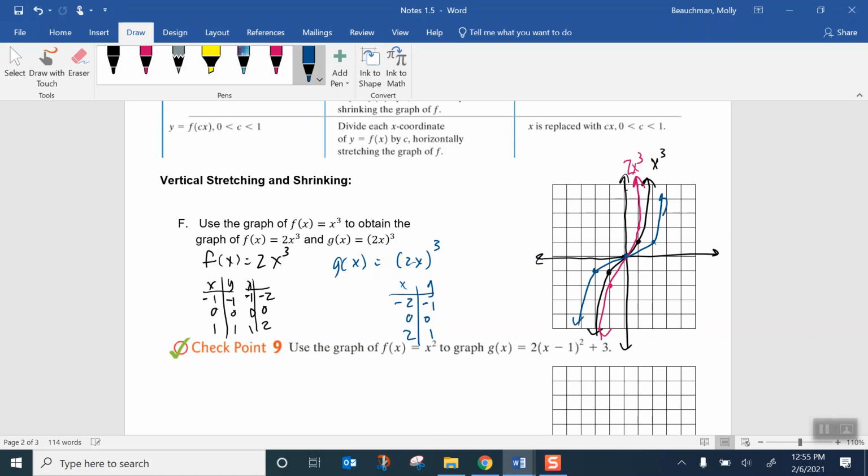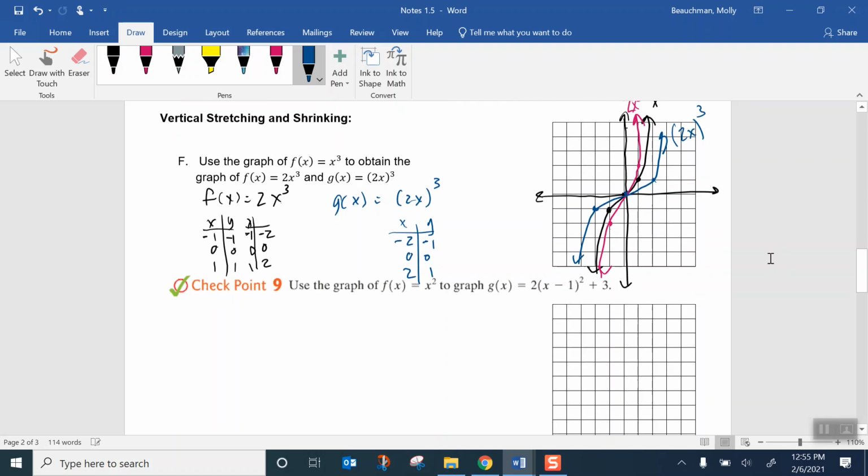Notice this one's stretched horizontally. So a vertical stretch makes it closer to the y-axis. The horizontal stretch made it further away from the y-axis. Again, you can use Desmos to check when you're doing your homework.